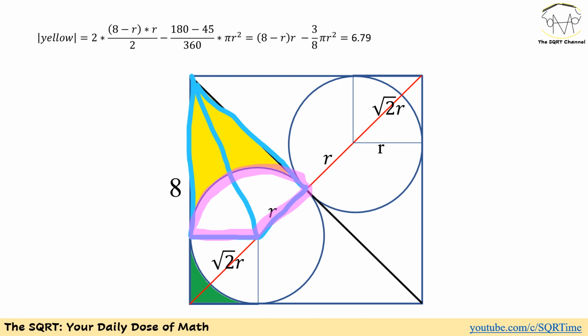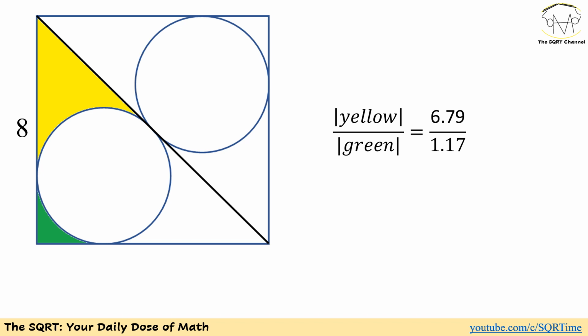Now that we have everything, we can just replace the value that we have for r, and finally we get the yellow area as 6.79. Finally, the ratio between yellow and green is going to be 6.79 over 1.17, and that's our final answer.